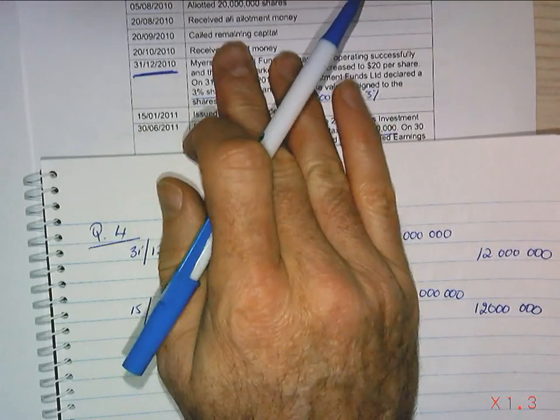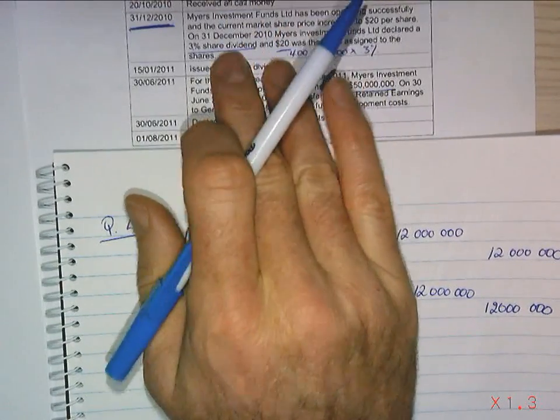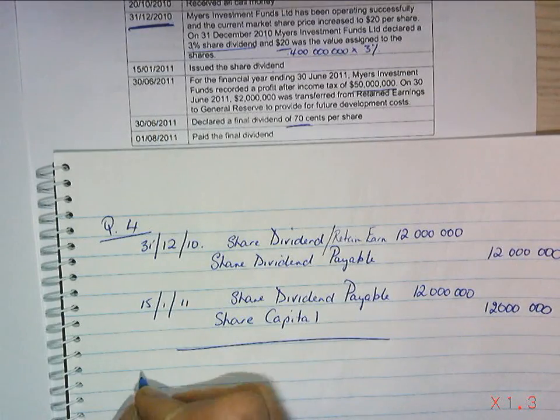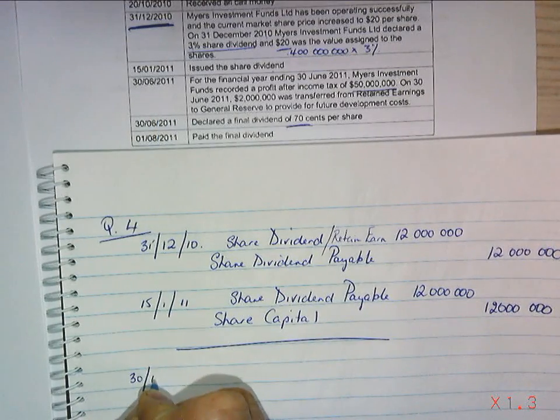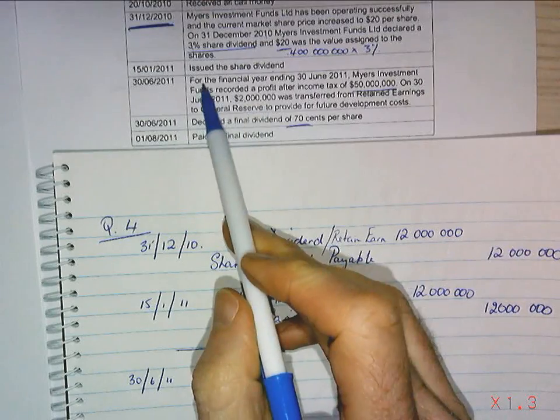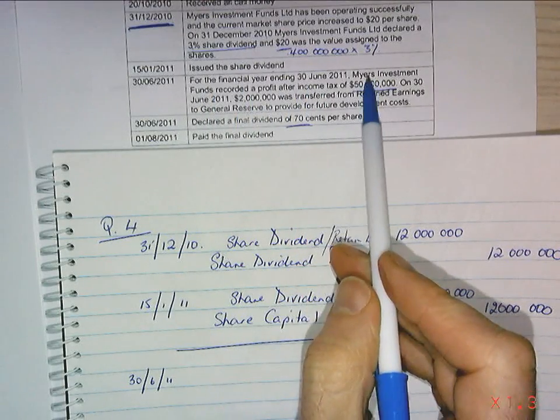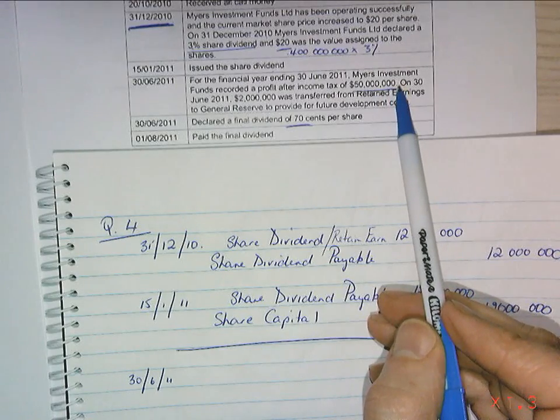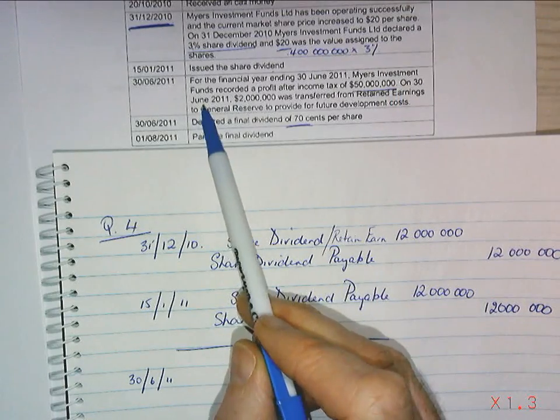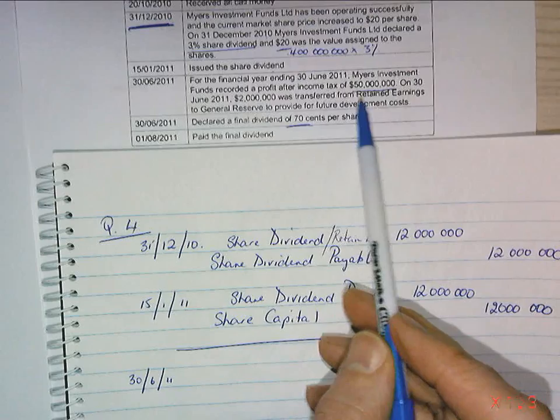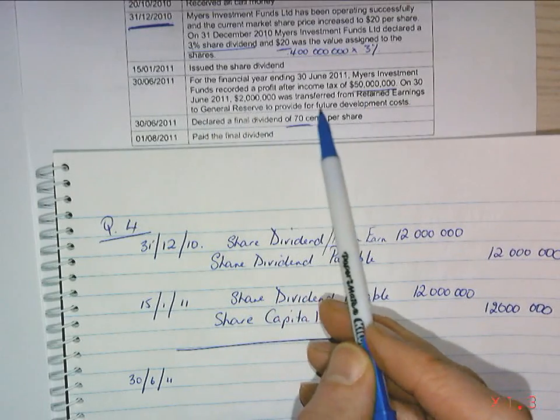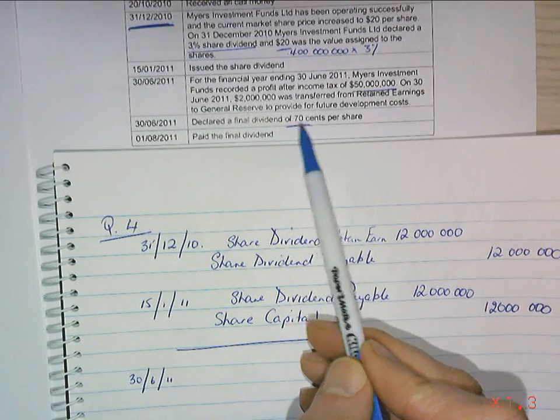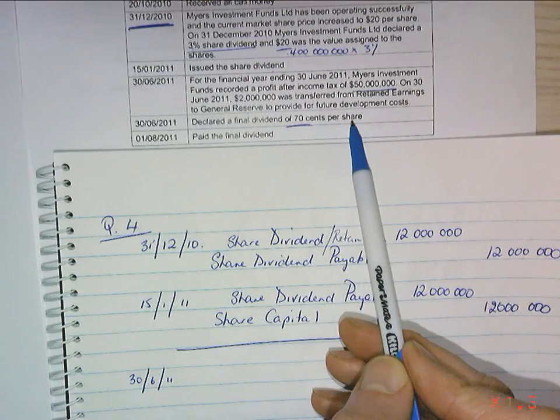Now we'll look at the final dividend. We're looking at this item here on the 30th of the 6th. For the financial year ended 30th of June, Myer's Investment recorded a profit of 50 million. On the 30th of June, 2 million was transferred from retained earnings to general reserve to provide for future development. We declared a final dividend of 70 cents per share.